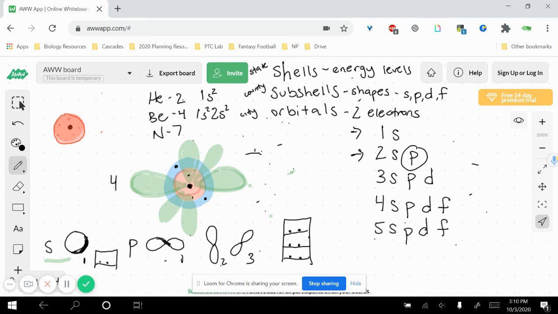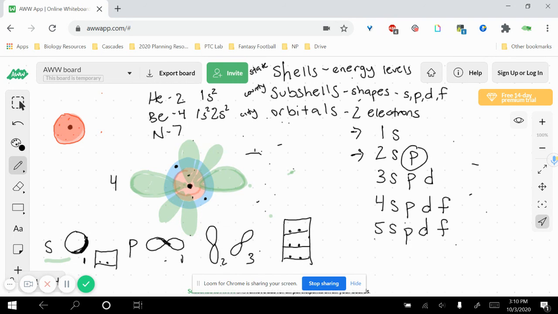So in total, the p subshell can hold 1, 2, 3, 4, 5, 6 electrons, whereas every s orbital is only going to be able to hold 2. And the same thing is going to hold true when we get to d and f orbitals. We're going to add even more shelves. So let's just focus on the s and p for right now, though.